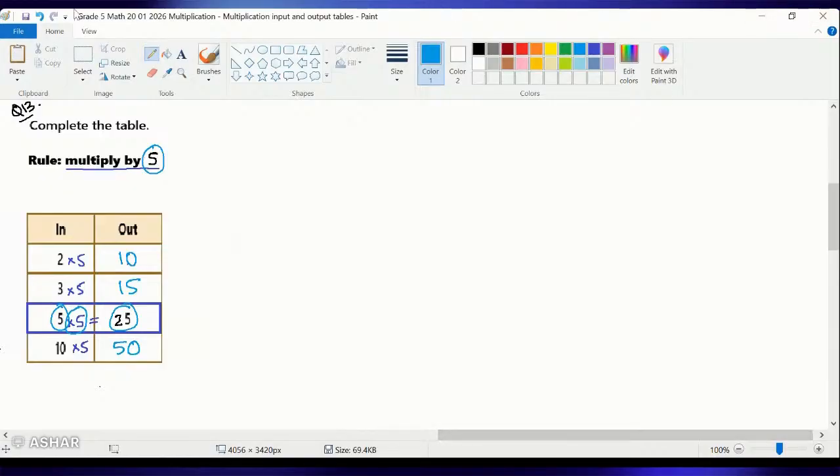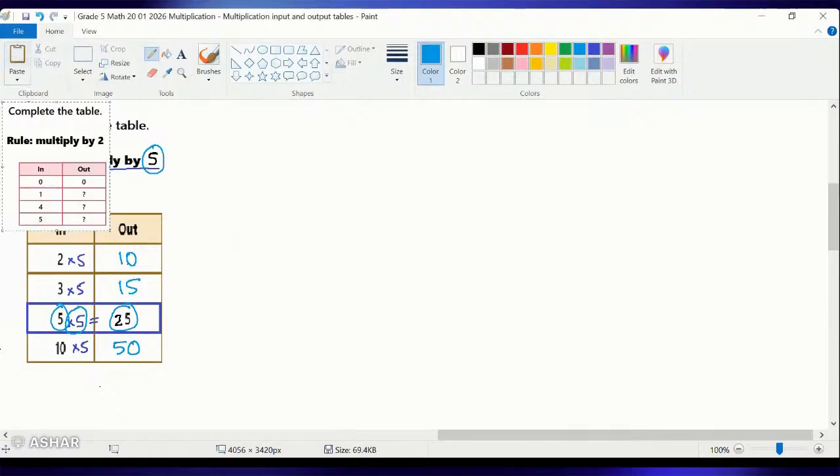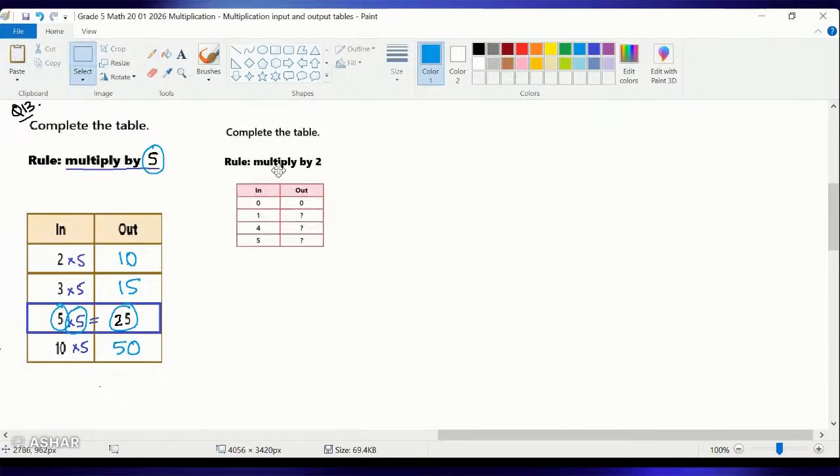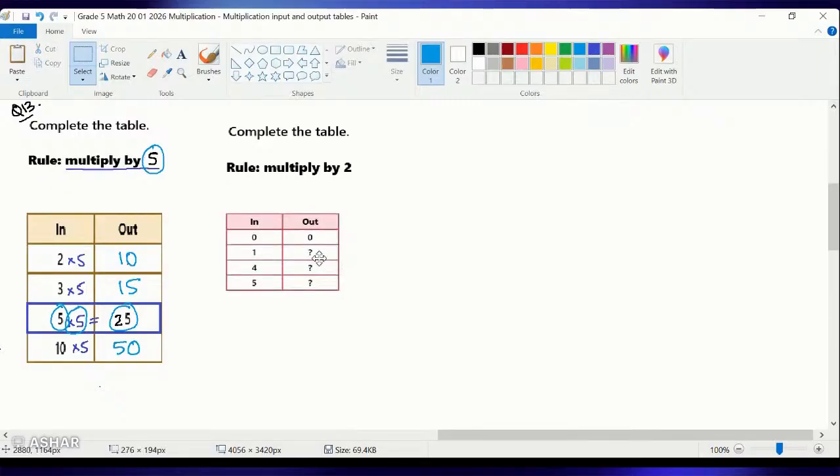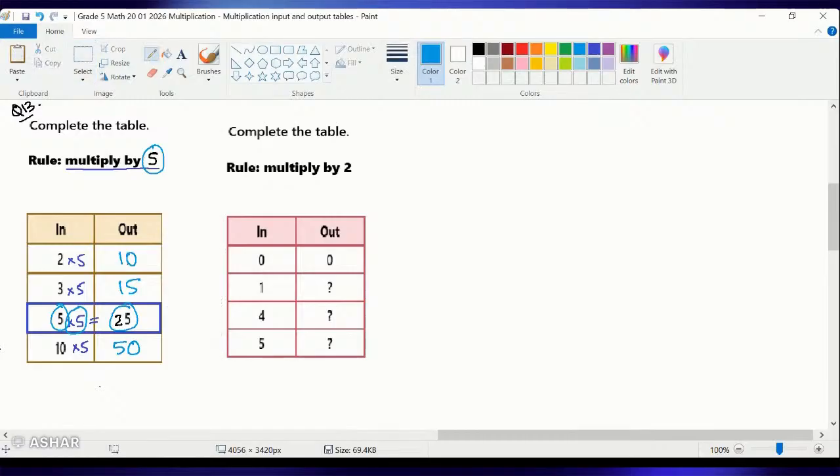Let's do a few more, then we do the test, because these are simple. This is a bit tricky. What they did was they gave us the answer for the easiest number.